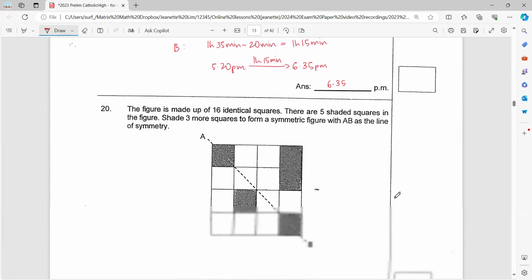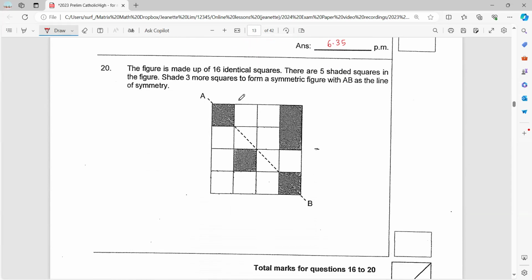Question 20. Figure is made up of 16 identical squares. There are 5 shaded squares, 1, 2, 3, 4, 5. In this figure, shade 3 more to form a symmetrical figure with AB as a line of symmetry. Okay, so line of symmetry is like the mirror line. Whatever you have on one side, you need to have exactly the same on the other side.